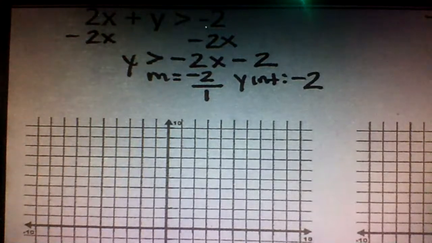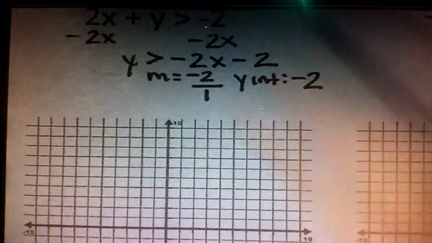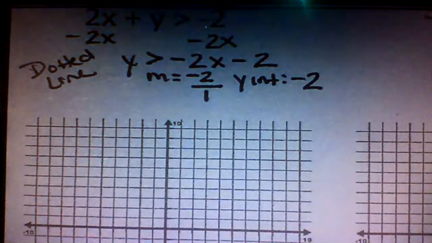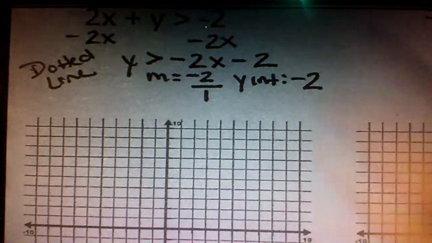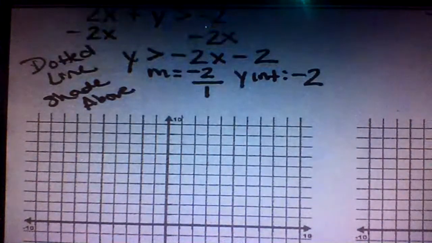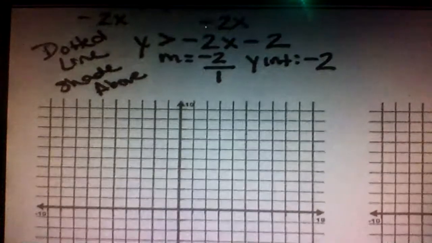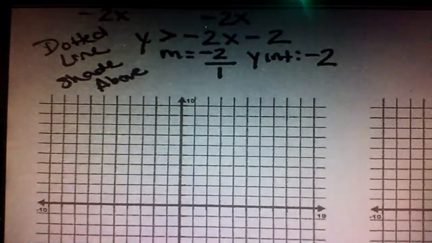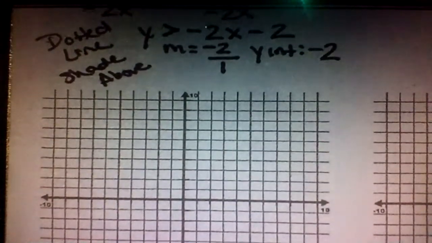Okay. Should my line be solid or dotted here? This is a dotted or a dashed or a broken line. And do I shade above or below? Above. That is greater than. So we shade above. Okay.